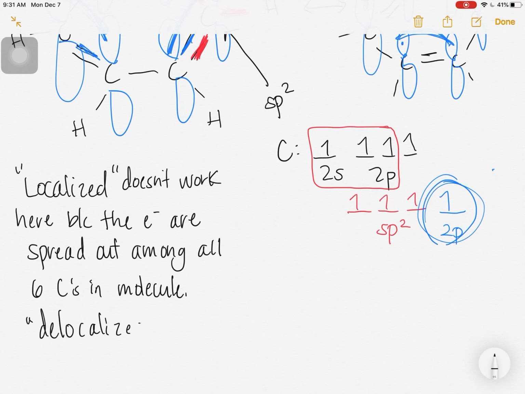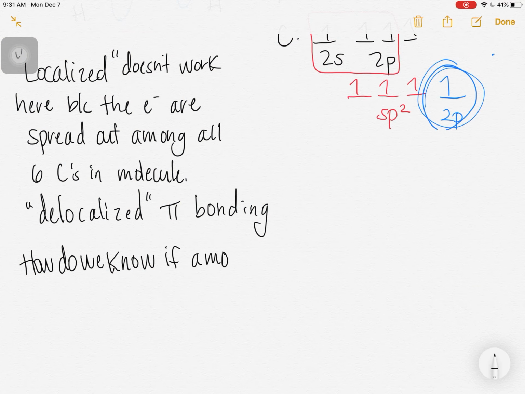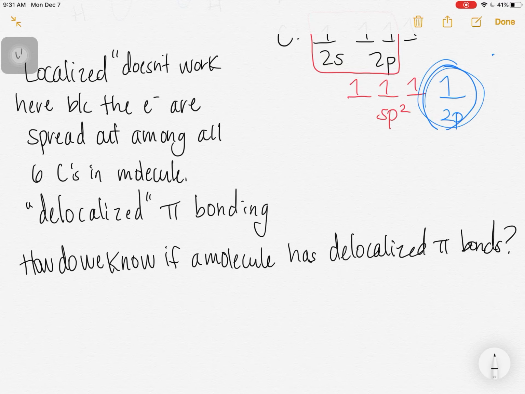And so the word here is delocalized pi bonding. So, are you ready for the takeaway? How do we know if a molecule has delocalized pi bonds?